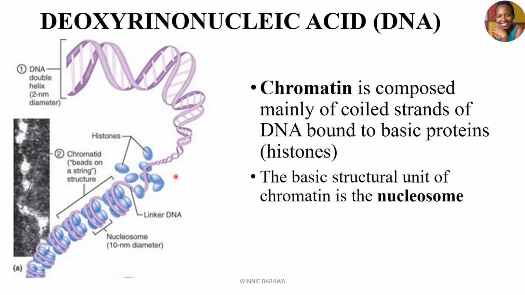Looking at our diagram here, the histones are these areas that look like beads. Although you should not call them beads, you call them the histones, but they look like beads. So when the DNA coils around these histones, they form a structure that we call a nucleosome.